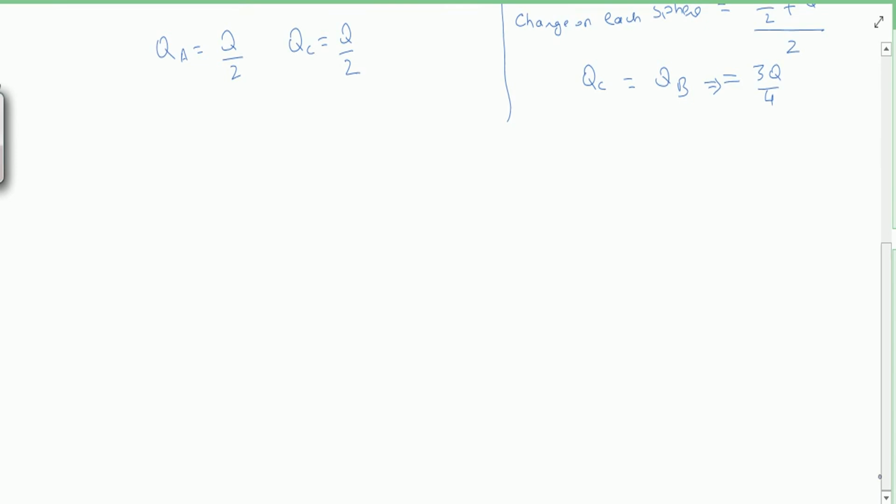Now the problem says find the force between A and B after this has happened and sphere C is removed. Suppose this is my sphere A and this is my sphere B. The charge on them is Q by 2 and 3Q by 4, and they are at the same distance.